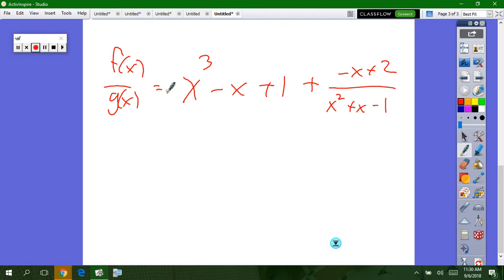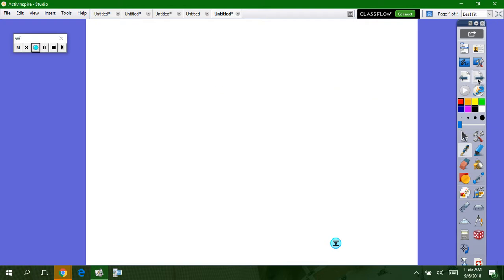But the next one I'm going to do is called synthetic division, and the only time you can use synthetic division is if it is a linear binomial.